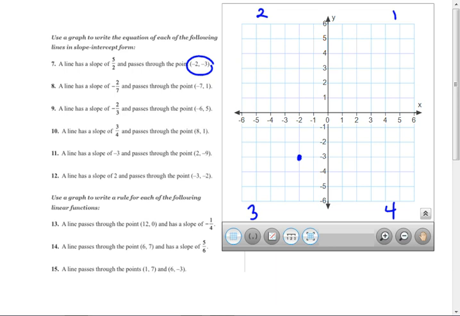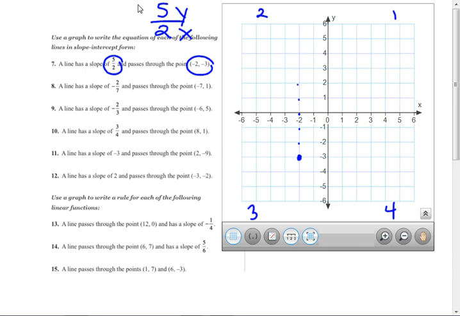Okay, now this is the part that gets a little harder. I want to find where this line crosses the y-axis without using algebra, but I'm just going to do it with a graph. So it says my line has a slope of 5 over 2, which is 5 on the y's and 2 on the x's. So I'm going to start here. Do you want to do the up or the over first? Up. How many up? 1, 2, 3, 4, 5, and then I'm going to go over 2.